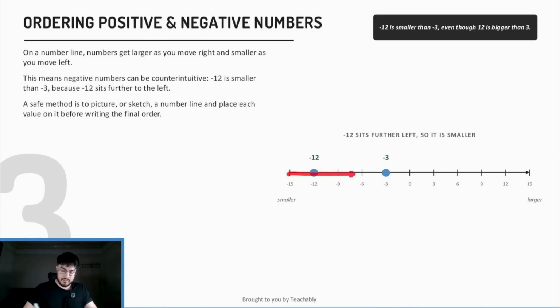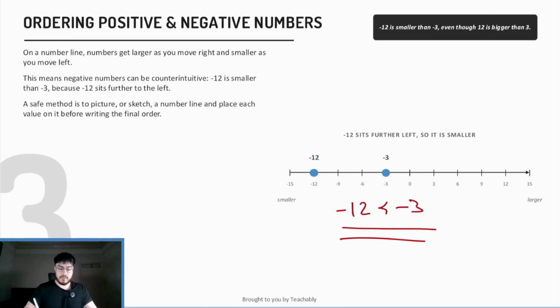And because on a number line, if you are more right than another number, you are bigger than that number, minus 3 is a larger value than minus 12. So in inequality terms, it'd be minus 12 is less than minus 3. Or if you want to read it the other way around, minus 3 is larger than minus 12.